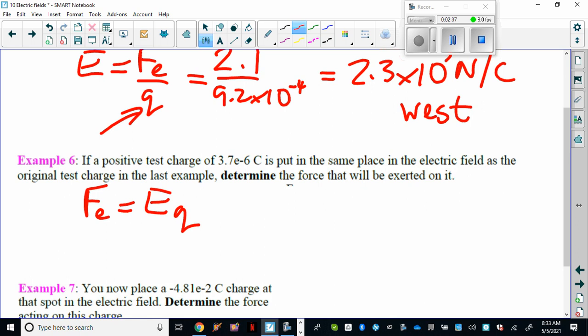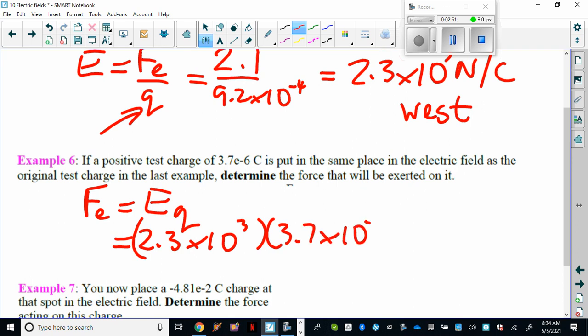Now that we've got the electric field strength, 2.3 times 10 to the 3, all we need to do is multiply it by the test charge and get the answer, which turns out to be 8.4 times 10 to the negative 3, and that is also going to be west because it's a positive test charge put in the same place as the original test charge.